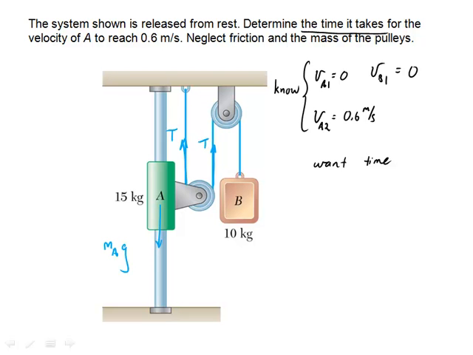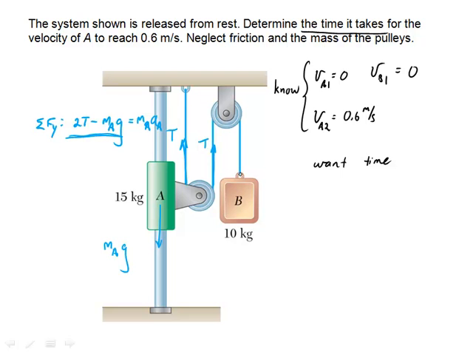Even though it's acting on the pulley, we're going to consider that pulley to be part of mass A. So the tension due to the cord acting on mass A. So I can look at the sum of the forces then in the y direction and write 2T minus m sub A g. Those are the net forces. Now this is equal to the mass of A times the acceleration of A, but I'm really not going to worry too much about that right-hand side. I'm going to concentrate on this side.